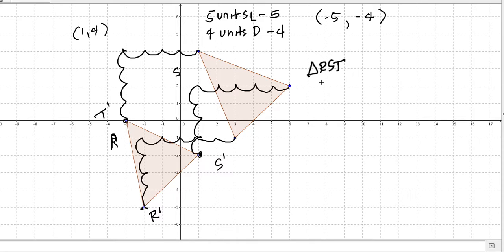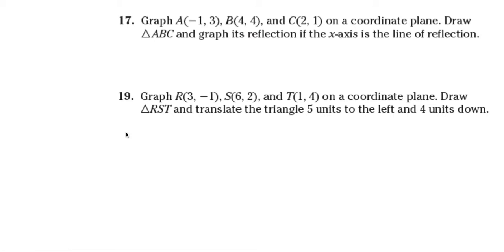Now if you want to find out how to do this without all that jumping around in the coordinate plane, all you need to do is get the coordinates. In this case the coordinates of R are 3, -1, and then 5 units to the left, 4 units down.